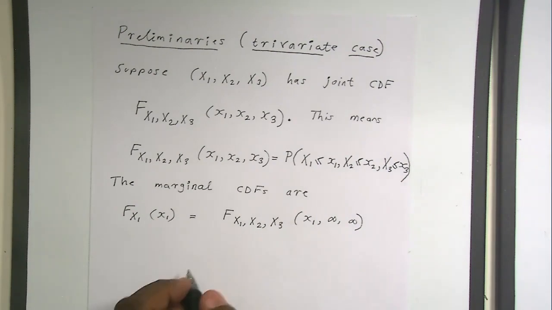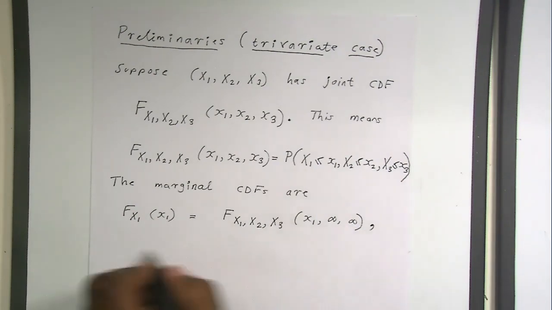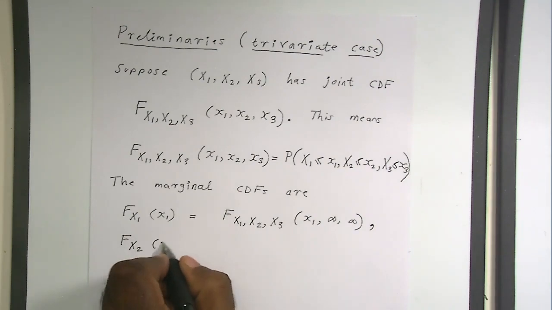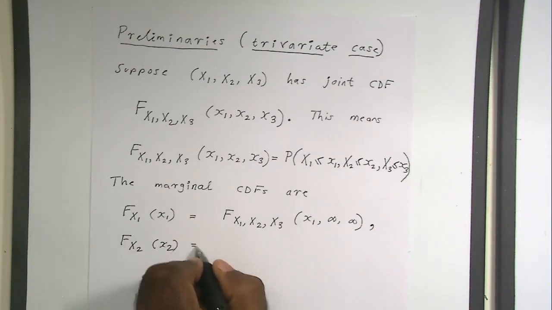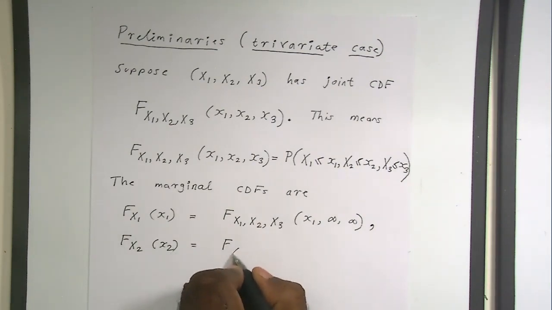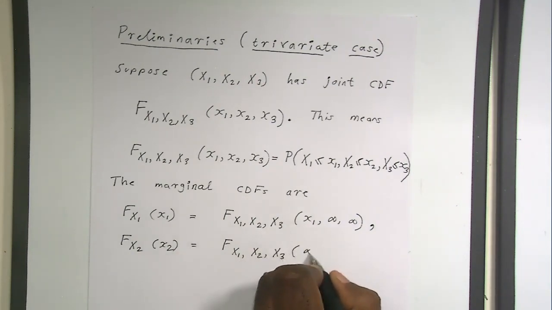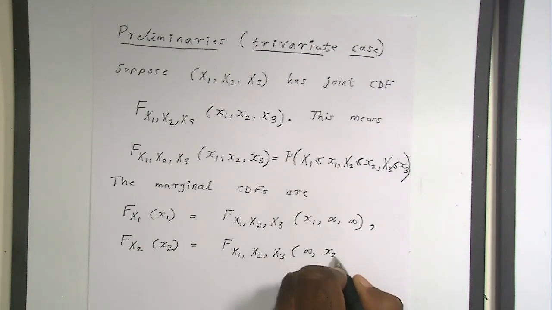The marginal CDF of x2 can be obtained from the joint CDF by putting everything to infinity except for x2.